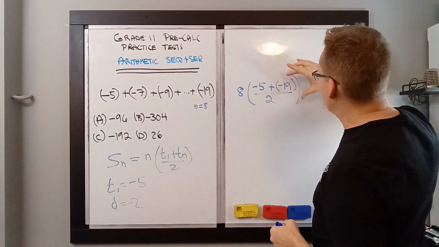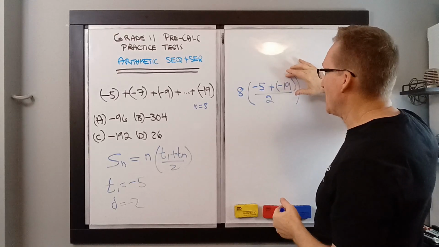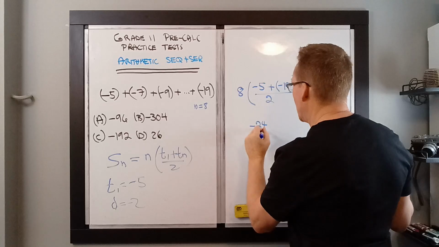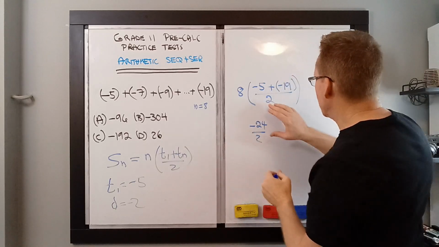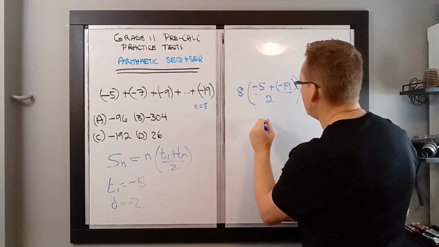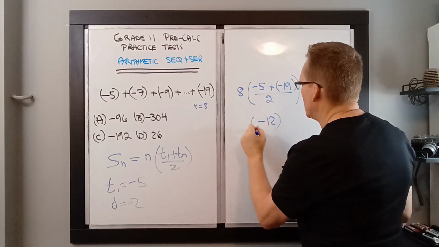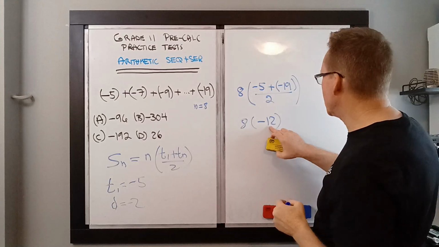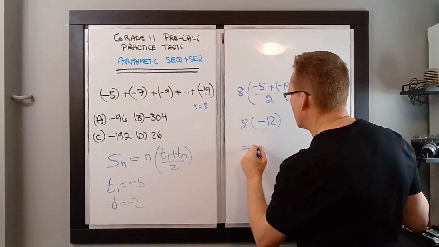So minus 5 and minus 19, adding those up, we're going to get minus 24 on the top, divided by 2. So this inside here will be minus 12. If you're okay with that, minus 12 times this number 8 in the front here. 8 times 12 is 96.